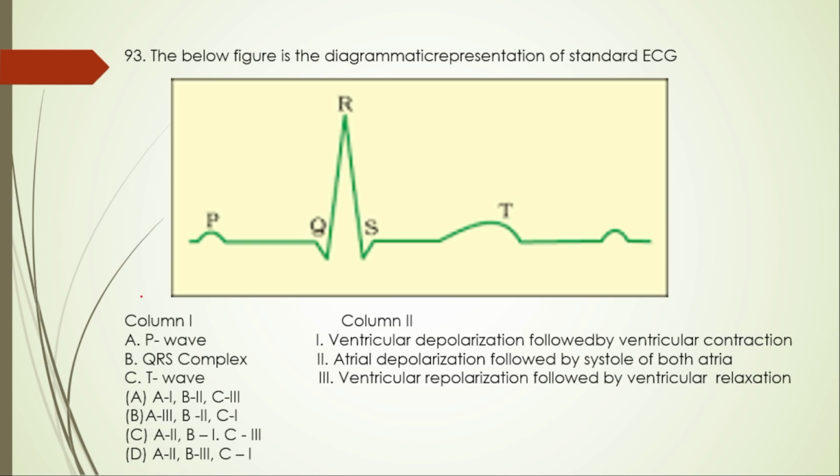So here the P wave is atrial depolarization followed by systole of both atria. So A is for 2, so this one is deleted and this one is deleted, and QRS complex is for ventricular depolarization. B is 1, so the right option is C.